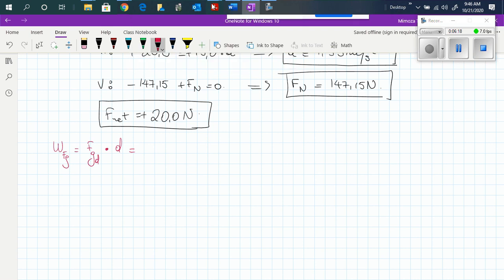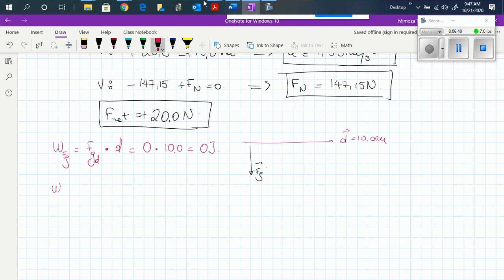So here is the displacement, that is 10 meters, and here is the force of gravity. The component of force of gravity along the displacement will be 0 times 10, which is equal to 0 joules.